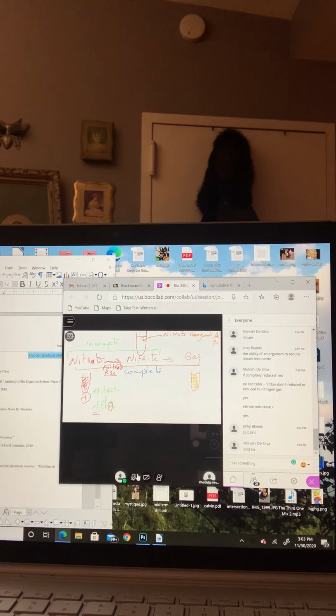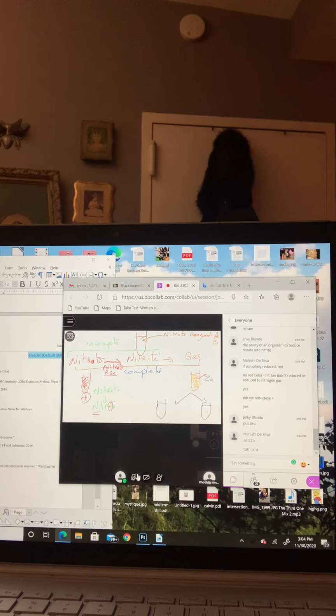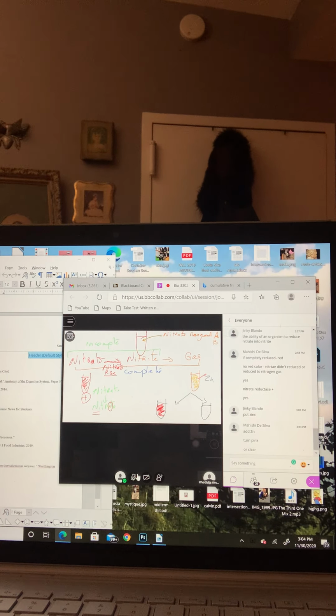So you have to add the zinc, and also the HCl, making an acidic condition. After adding the zinc under acidic condition, you can get two possibilities: the tube turns red or pink, or it's still colorless, clear.